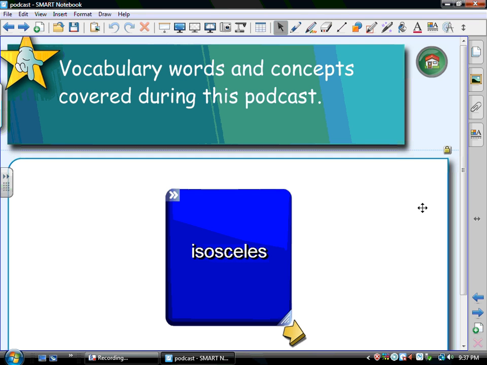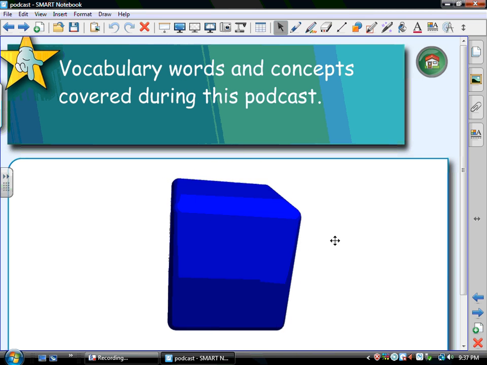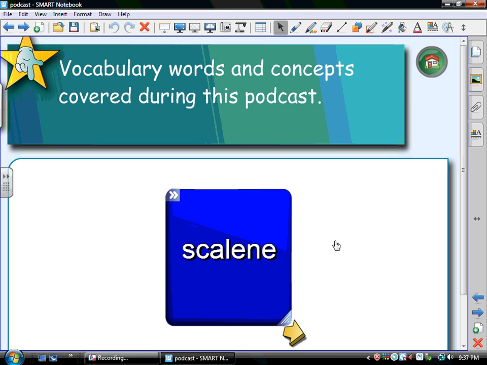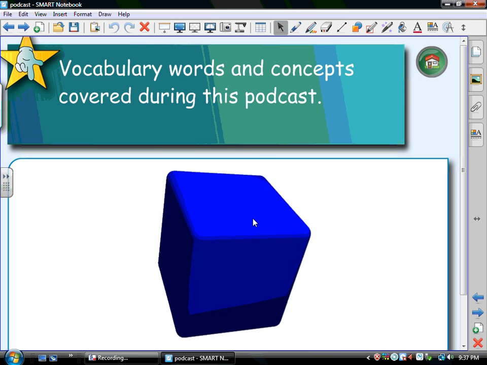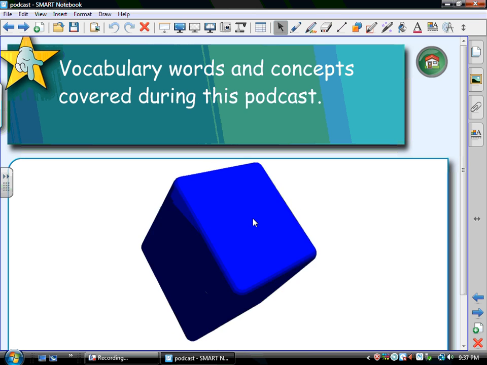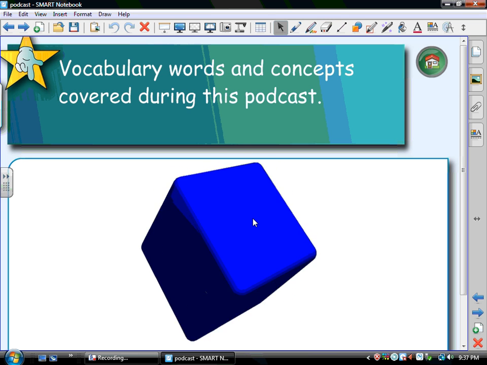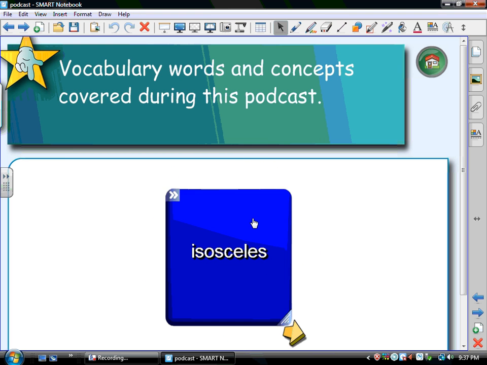Vocabulary words we will cover in today's podcast. We'll talk about an isosceles triangle, scalene triangles, equilateral triangles, we will talk about angles that are congruent.